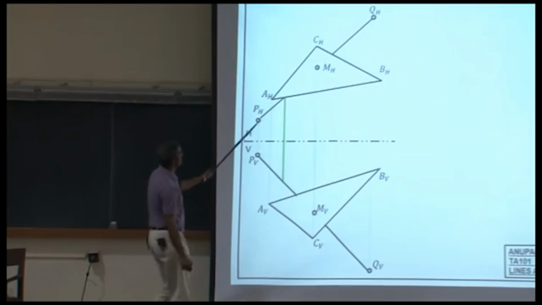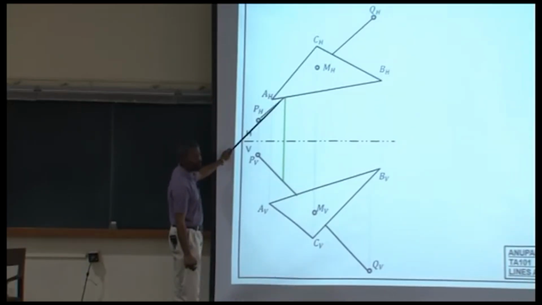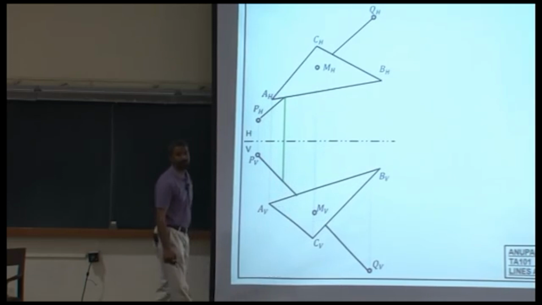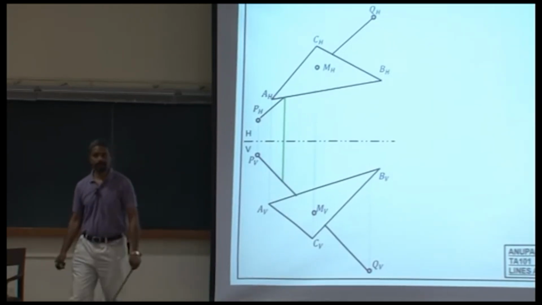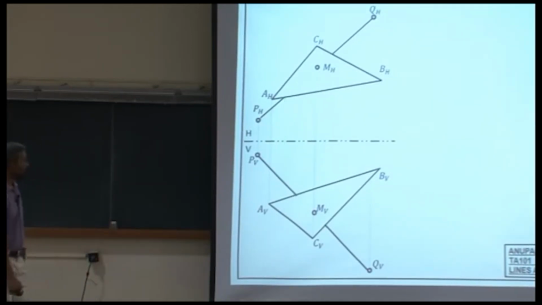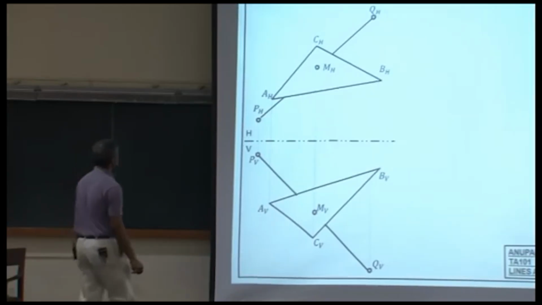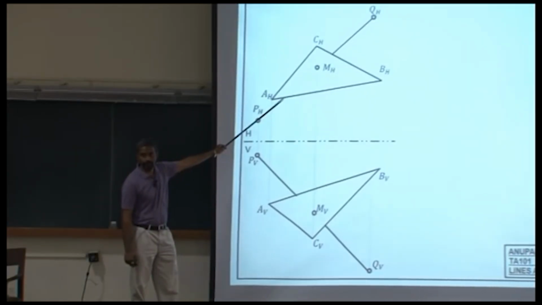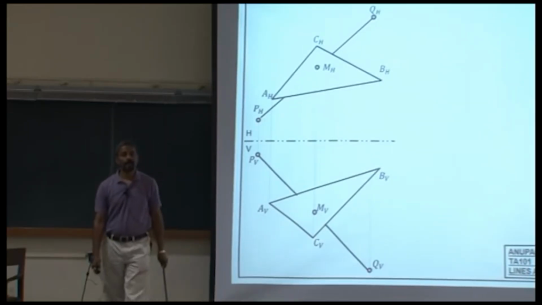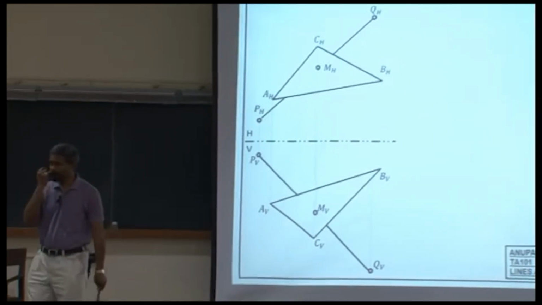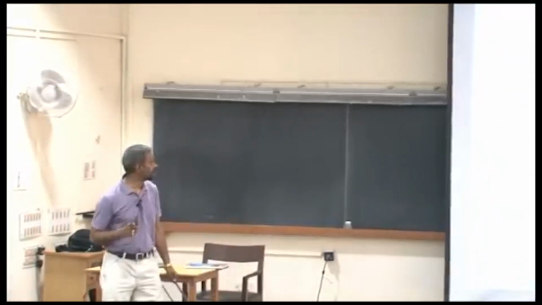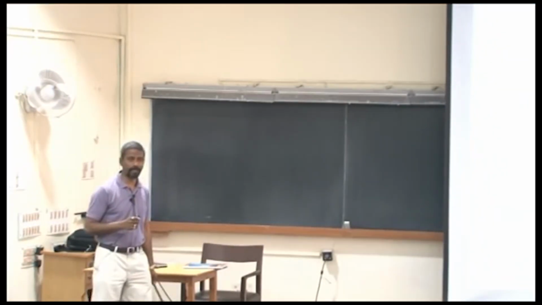In particular, would it be the line PQ or would it be the edge AB here? Once again, from this intersection point, I am going to be dropping a vertical, okay, all right, and my question is, that vertical, what is it going to be hitting first, the line PQ or the edge AB in the vertical plane?